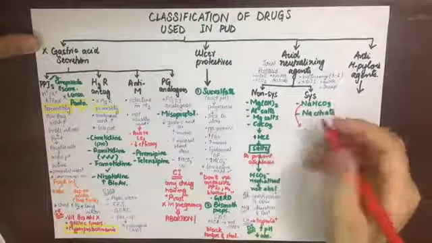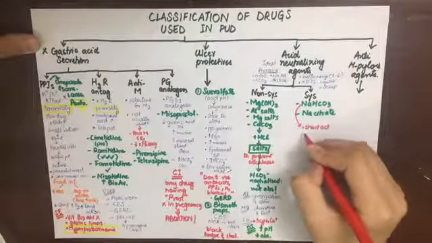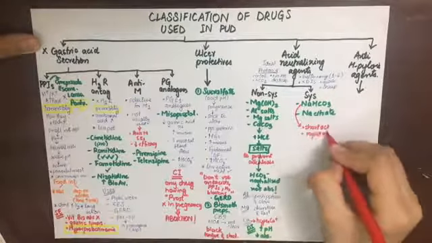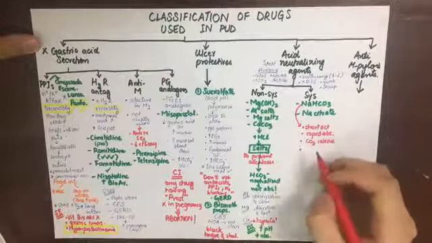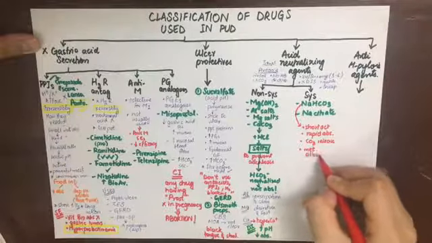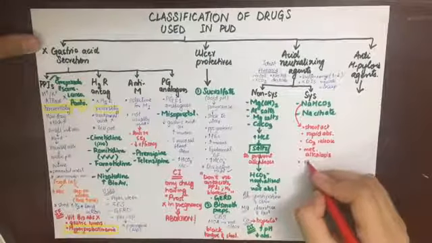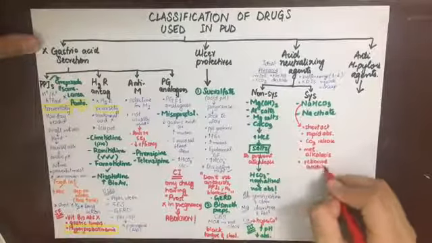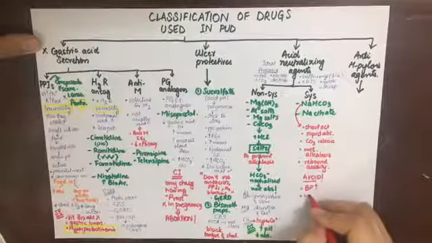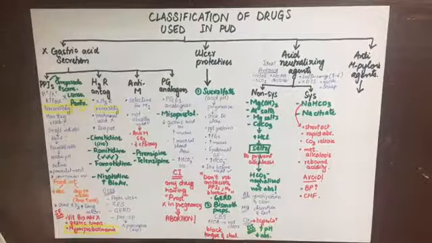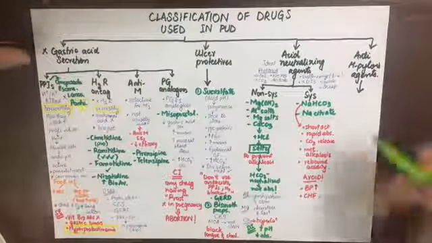Sodium bicarbonate's disadvantages are that it is short acting, and it has a high water solubility, so it is rapidly absorbed, causing metabolic alkalosis. It releases carbon dioxide. It has a rebound acidity. The systemic acid neutralizing agents should be avoided in hypertensives and congestive heart failure patients because they cause sodium retention.